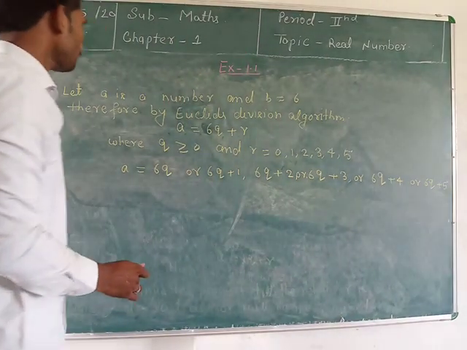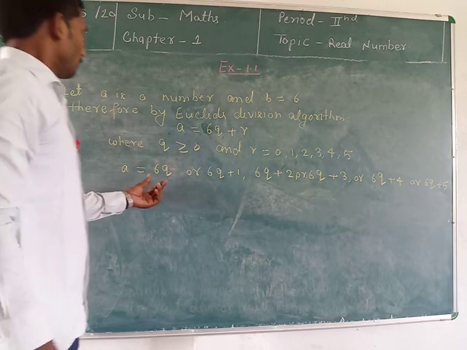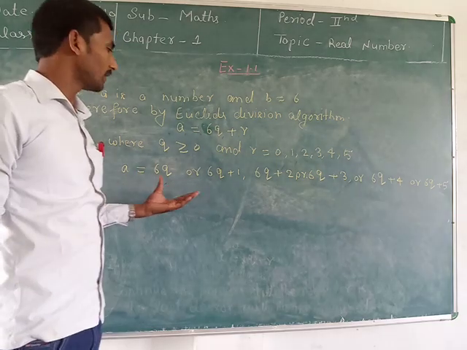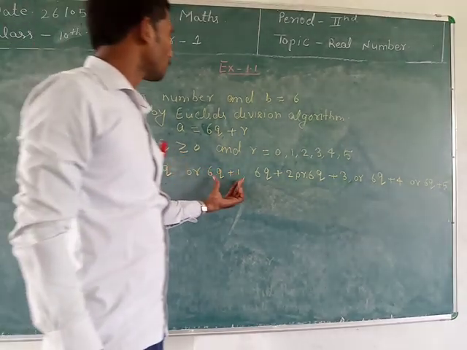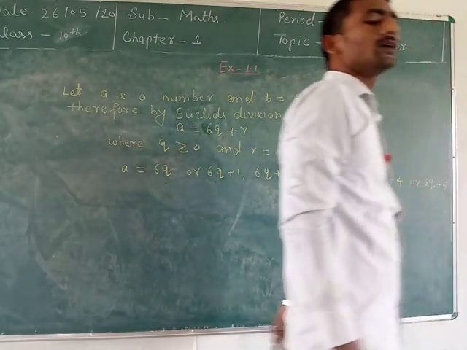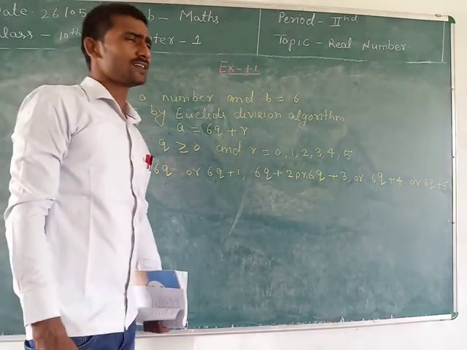Next, we have to show that 6q plus 1, 6q plus 3 and 6q plus 5 are odd integers.